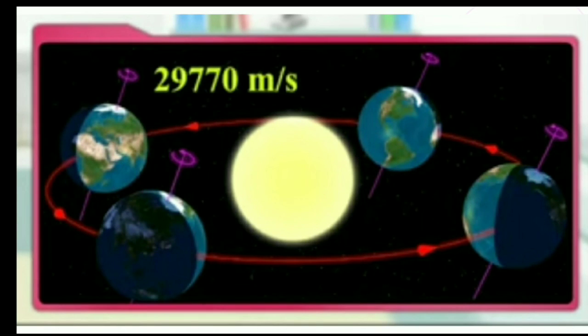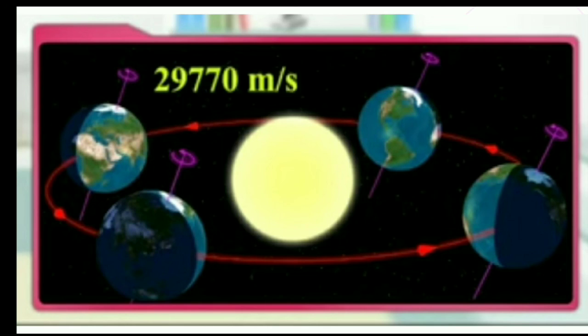The earth is revolving around the sun. The speed of revolution of the earth around the sun is about 29,770 meters per second.